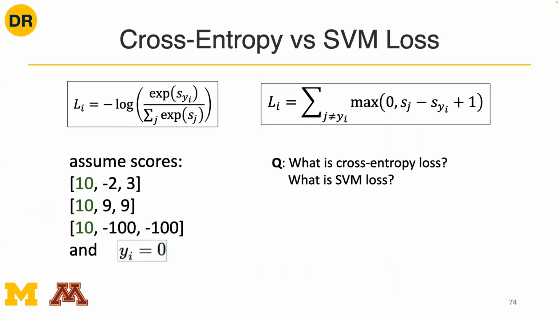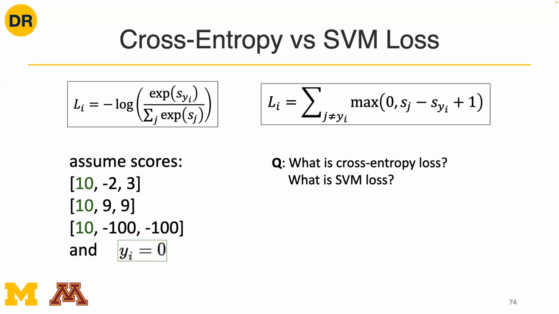Let's compare now the cross entropy loss that we looked at the start of lecture versus this SVM loss that we looked at towards the second half of lecture. Once again, the cross entropy loss is on the left-hand side, which you'll implement for project 1, and the SVM loss that we deduced is on the right-hand side of the slide, which you'll also implement for project 1.